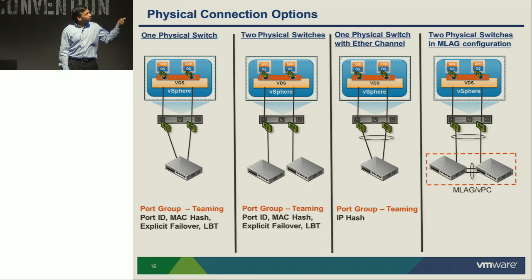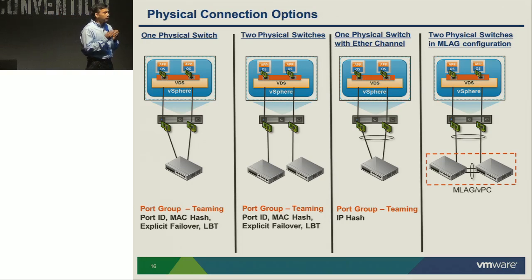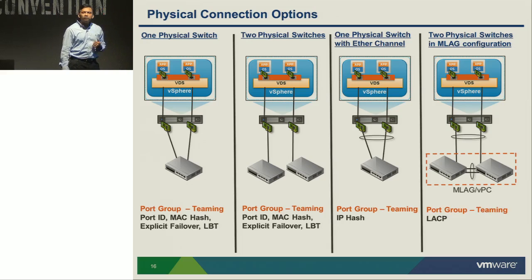So finally, we have this deployment where some people, as they said, are using MLAG or VPC, where the two physical switches act as one logical switch, and it gets connected to the distributed switch. In this option, you have LACP configuration, as well as you can use IP hash. In some configurations I have seen, customers make sure that there is an Ether channel configuration on the physical switches in this mode, and they configure IP hash there.